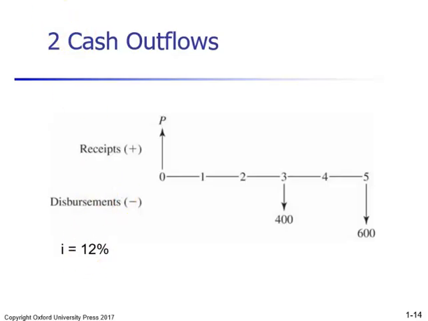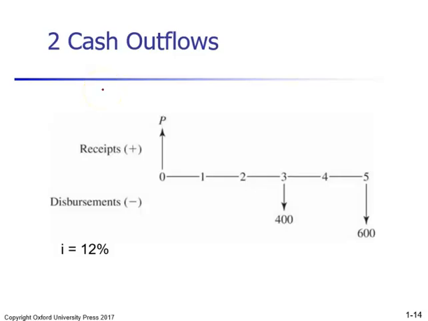So please stop the video and tackle this challenge by calculating P. See what is the equivalent of these two payments at the end of year 3 and at the end of year 5. And I will show you the answer shortly.